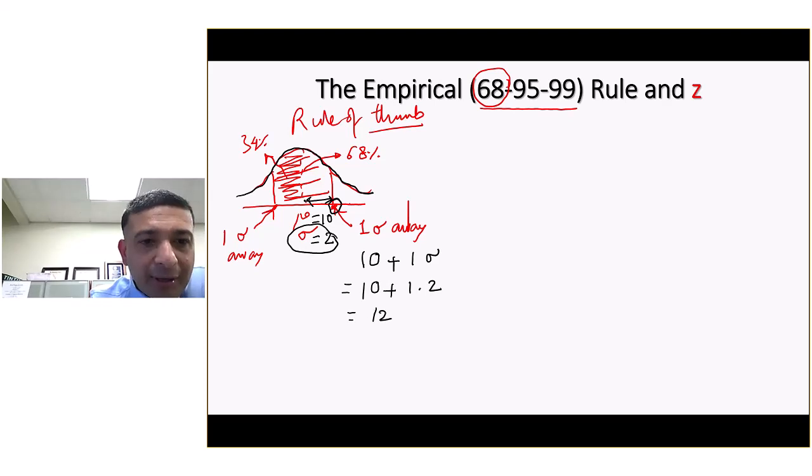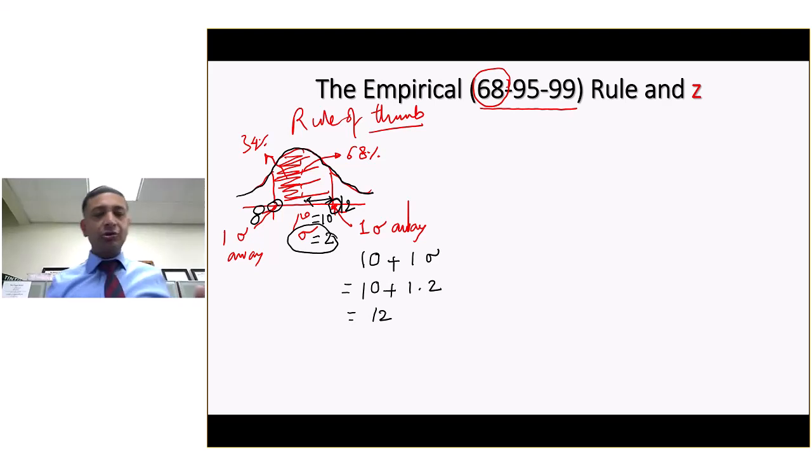In the same way, the value on this side is the mirror image. It is 1 sigma away on the other side, and that value is 8: 10 minus 1 sigma, or 10 minus 2, which is 8.